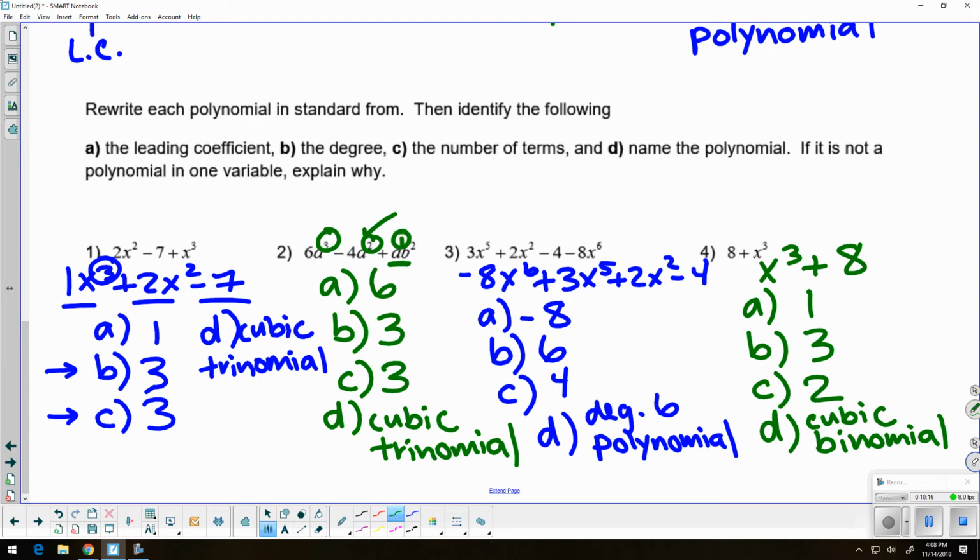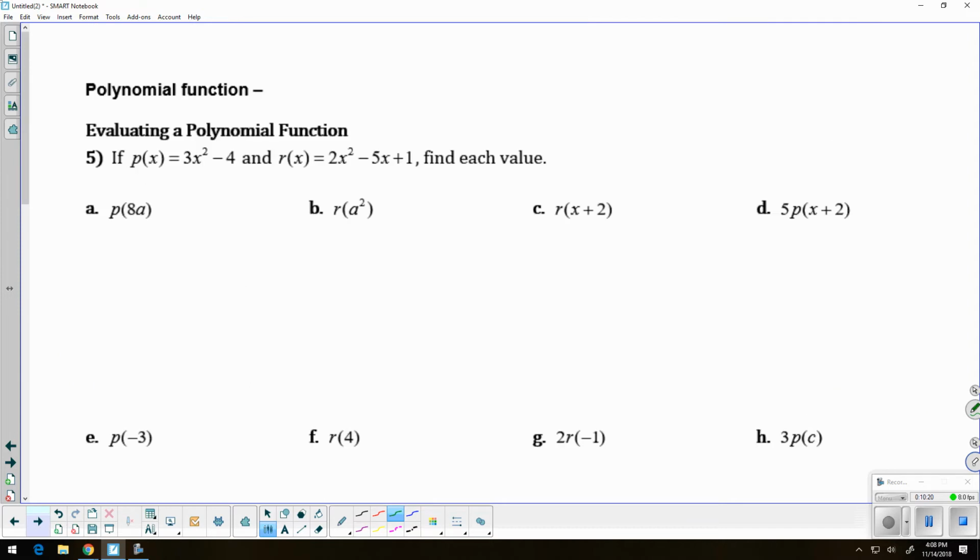All right. So moving on to the next page. Over here, we got polynomial function at the top. So definition of this, it's just going to be a continuous function, which we're really not going to be seeing until after this page, but it's a continuous function. So we know what it means to be continuous.